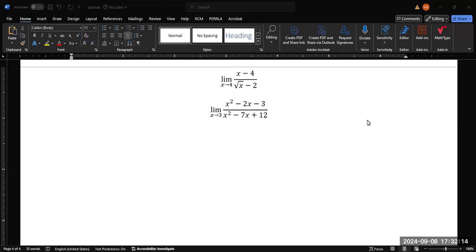So I'm going to do the second one first, since it's just a polynomial. I'm going to use 3. And then each one of these values is going to be this value right here, and I'm going to put dollar signs on it so that when I copy it, it doesn't move.